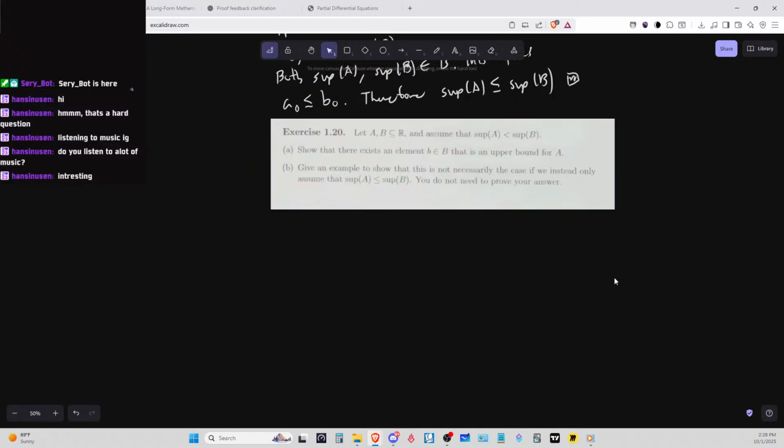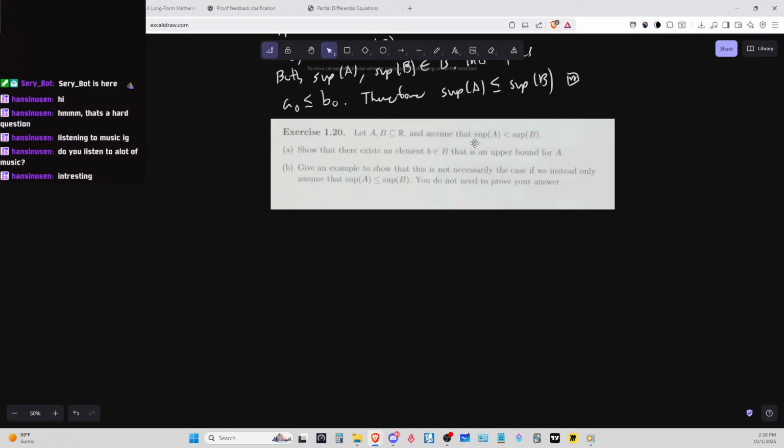Okay, so I think we're given the same type of question. So let A be a subset of R, and assume that the supremum of A is less than the supremum of B. So they have nothing in relation. So A and B, we don't know anything about any relationship between them. So I'm guessing they're just random subsets.